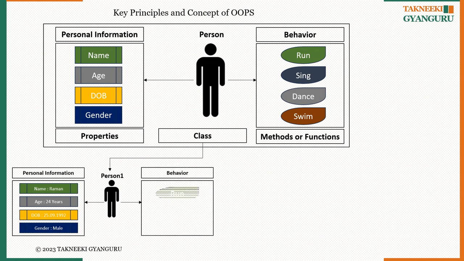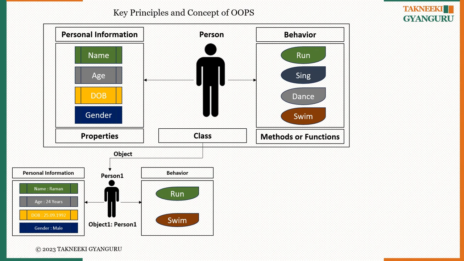And the behavior, he can run, he can swim, right? So this is called an object. We define the blueprint in this section, like personal information and behavior, and we can create an object from here, and then we can define the values of the name, age, date of birth, and gender in the object. We can create an object, and then we can define the behavior of this person here.